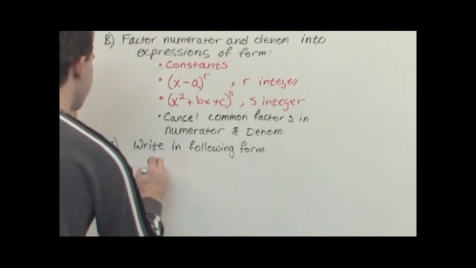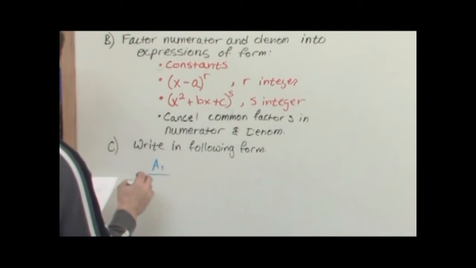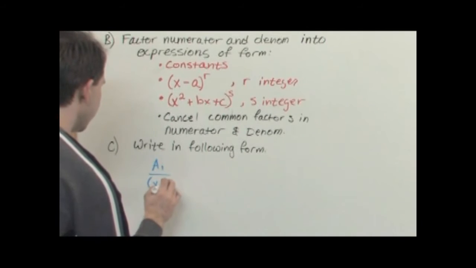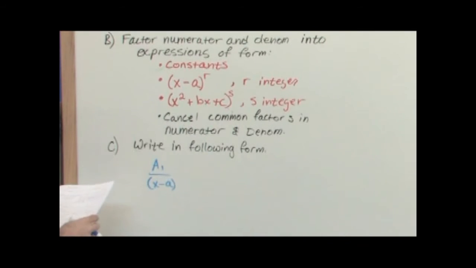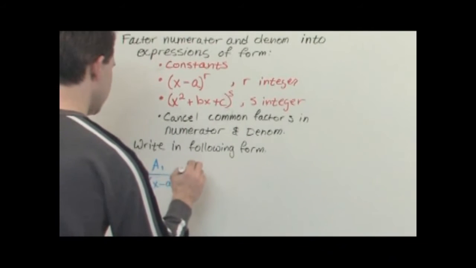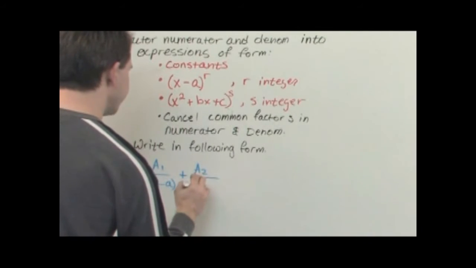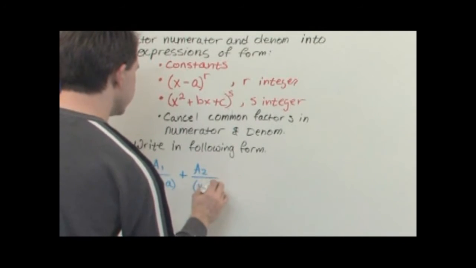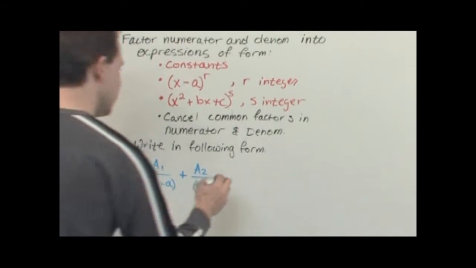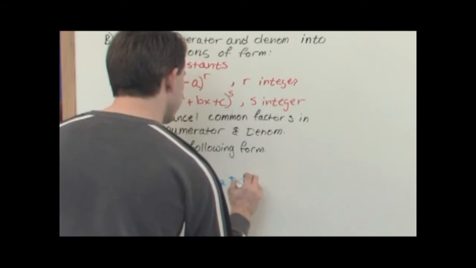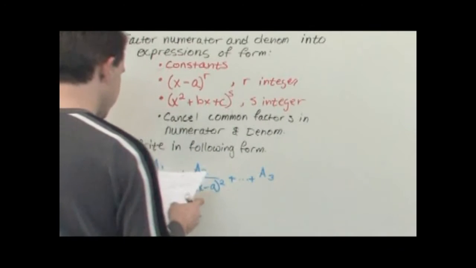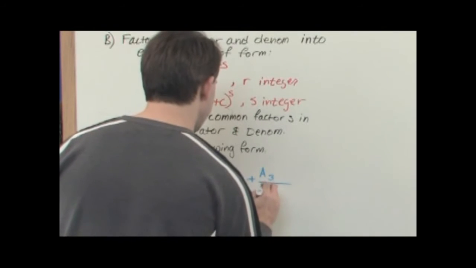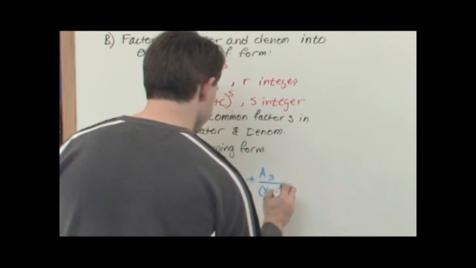You're going to write your expression as some number a1 over x minus a. Because remember, we factored it into the form of x minus a, plus a2, which is just another number, over (x minus a) squared, plus dot dot dot plus a sub 3 or 4 or 5 or however far you go, over (x minus a) to the r.